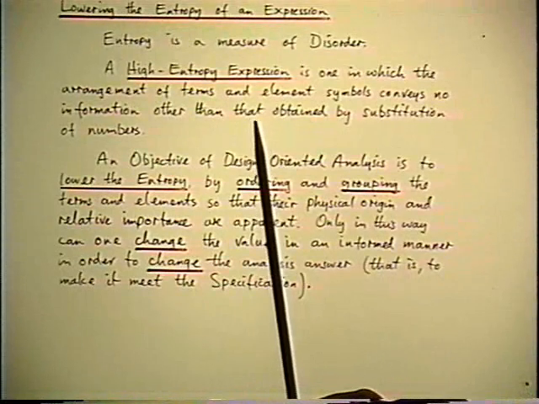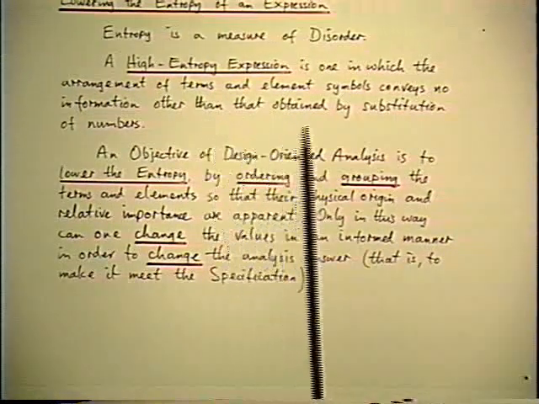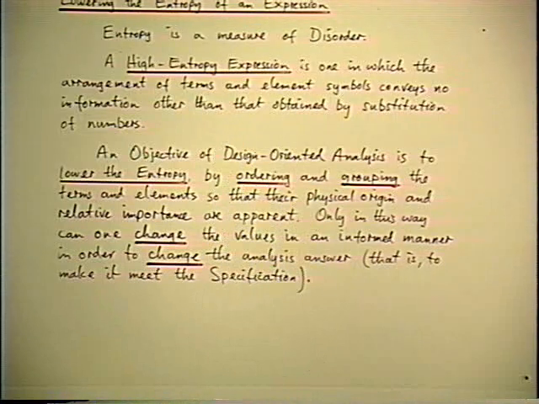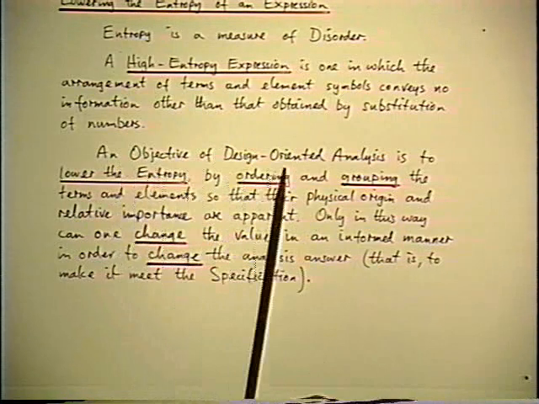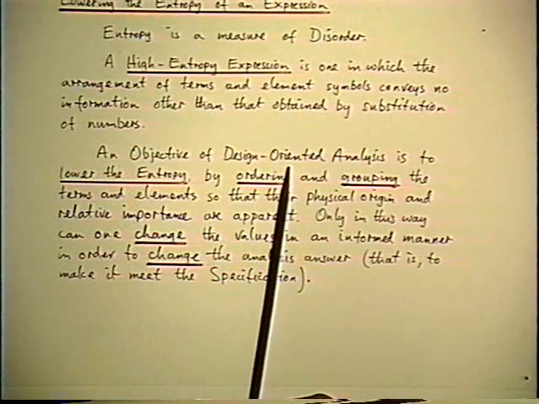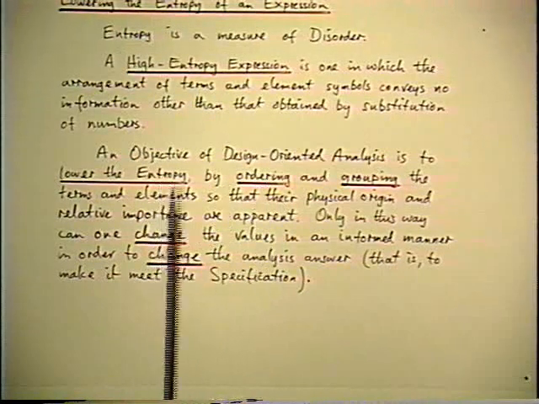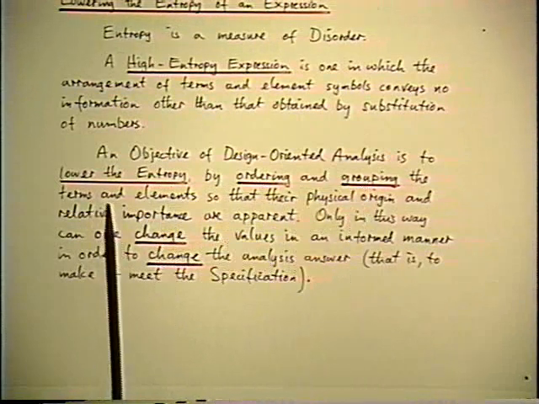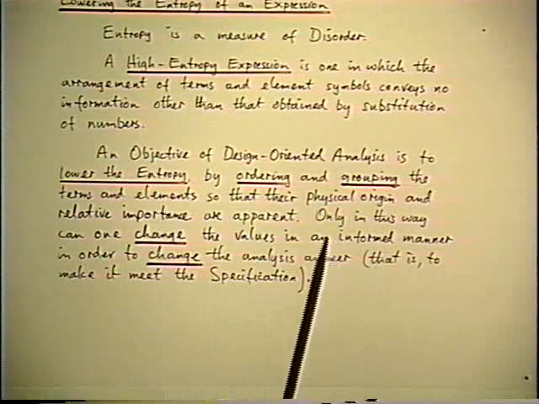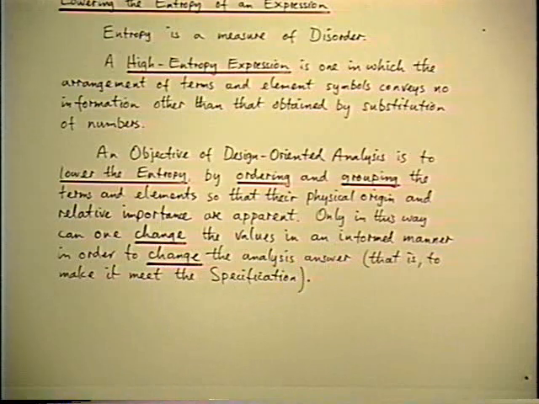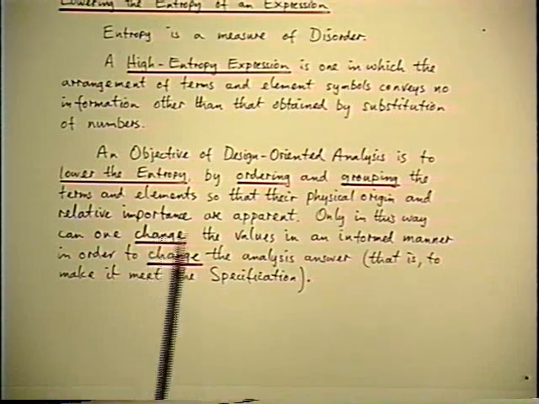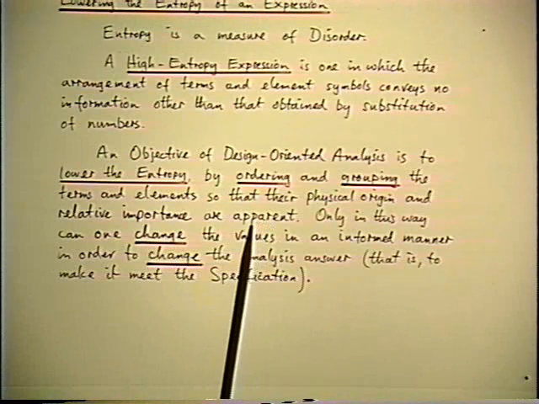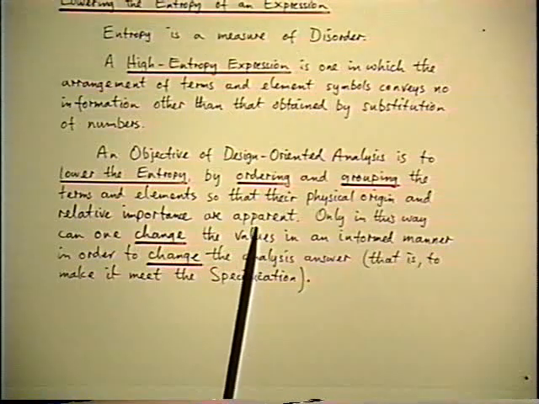So the first thing you need to do with that equation is put some order into it. This is the objective of design-oriented analysis. It's to lower the entropy of that expression by putting some order and some grouping into the terms and the elements so that where they came from is more transparent. Maybe not totally transparent, but at least so you get a better idea of where they came from in the original circuit.